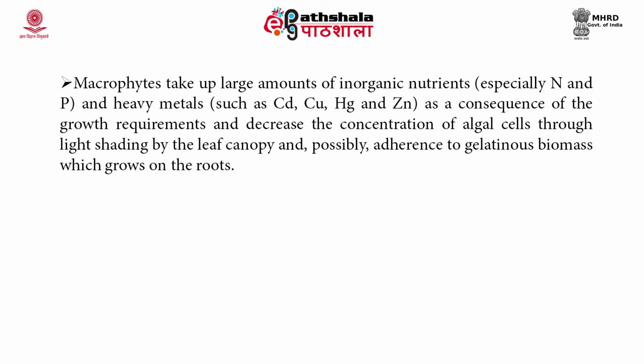Macrophytes take up large amounts of inorganic nutrients and heavy metals as a consequence of their growth requirement, and they also decrease the concentration of algal cells because of the light shading due to their leaf canopy.